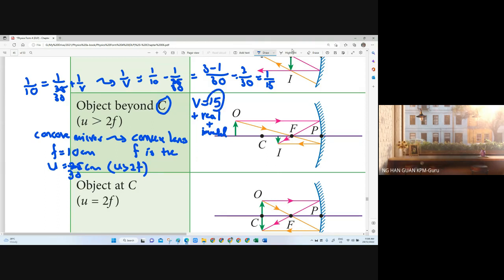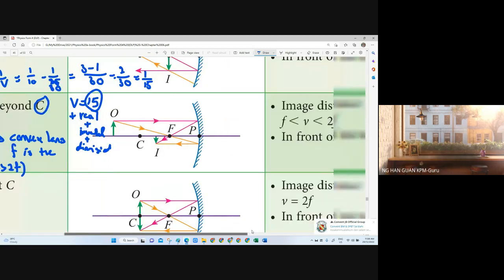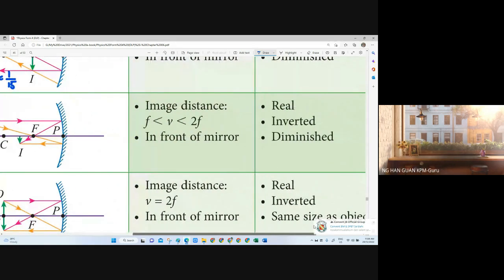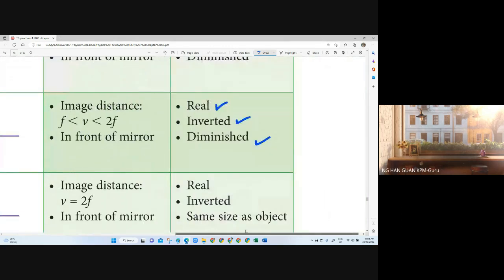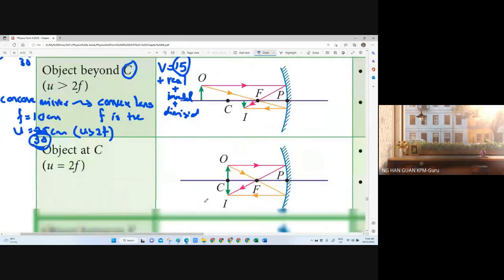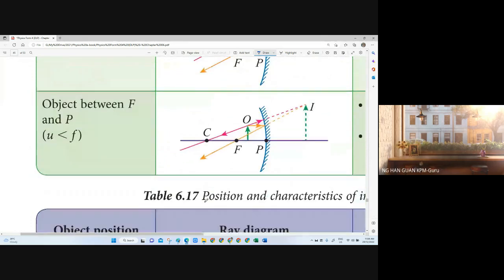And then the 15 compared to the object distance, 30, V is smaller, so diminished. So when you look at the result here: real, inverted, diminished. That's the result by calculation. So you can try to apply the rest, and you will know the result.